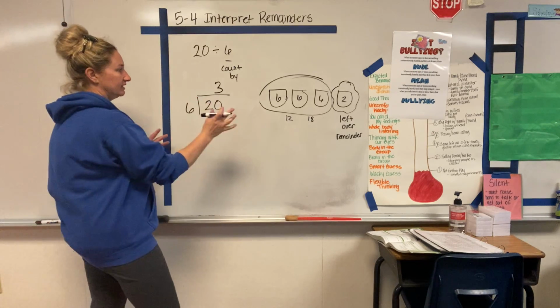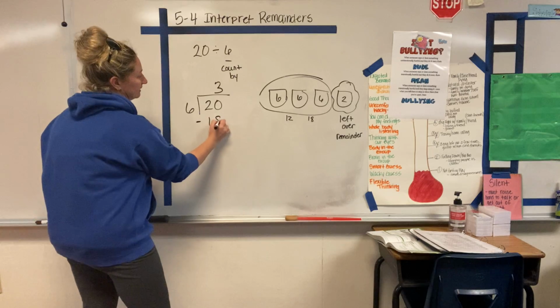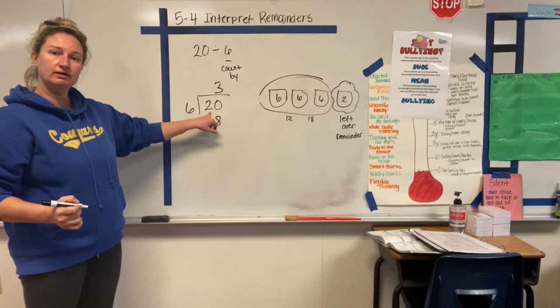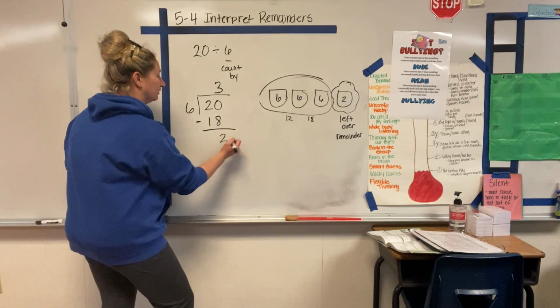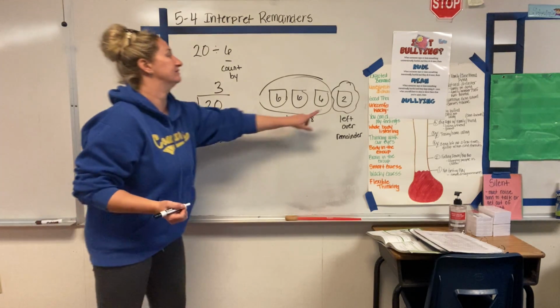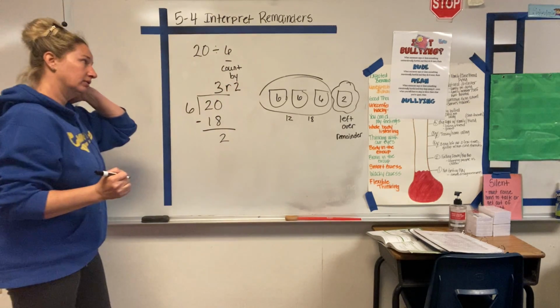Okay, that's 18. 6, 6, and 6 is 18. So you subtract the 18 from the 20 to find out how many are left over. That's 2. There's 2 left over. That's this little basket here.